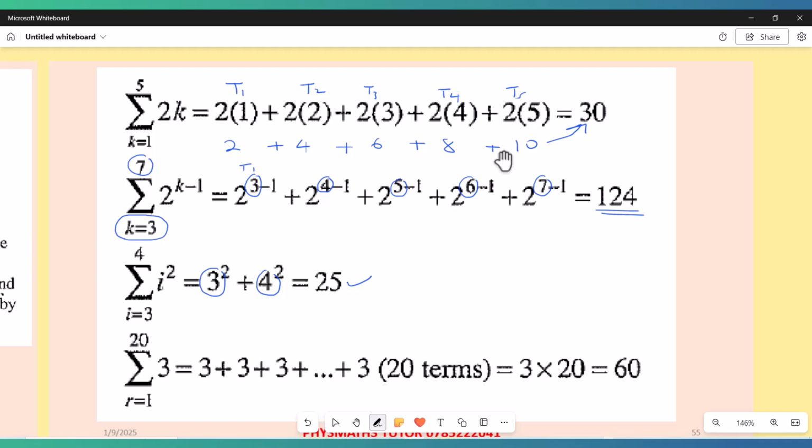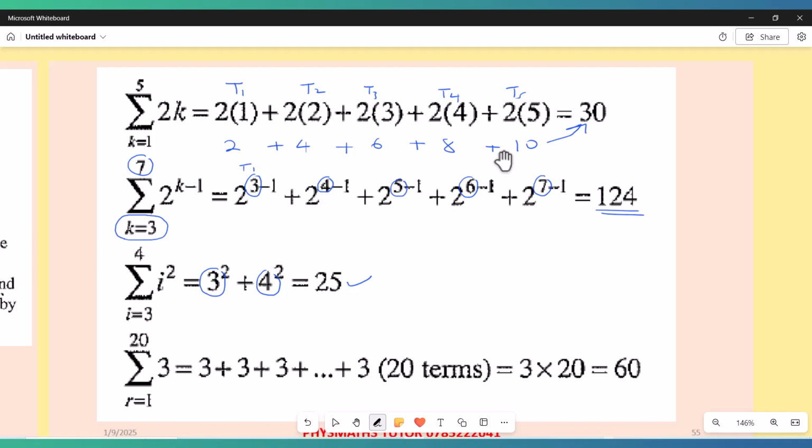However, if there is no variable in here and just a constant, I repeat, if there is no r, no t, no k, no x, no i, nothing here, but only the constant, and they say from r equals 1 up to 20, it means we are going to add that constant 20 times.